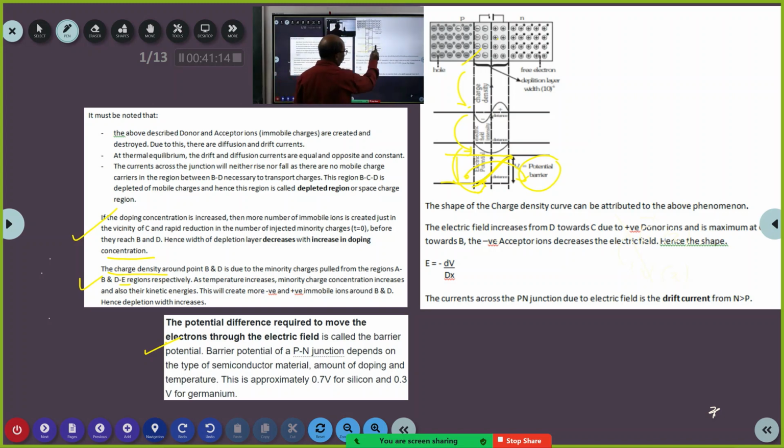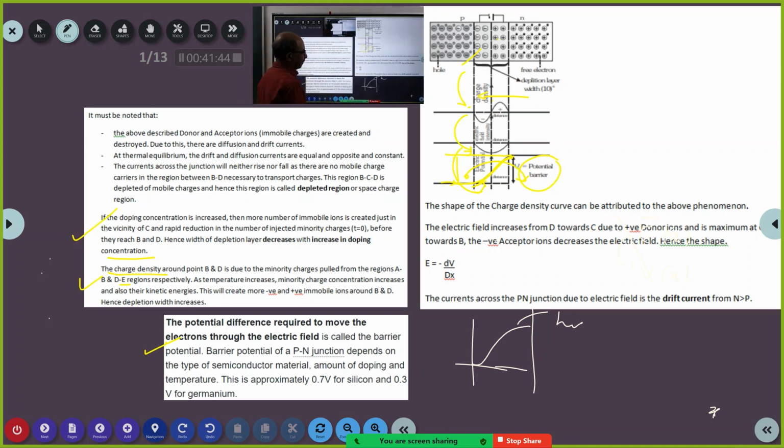So this is the graph for the hole. For the hole, this is the potential energy barrier. For the electron, how will the potential energy barrier be? For the electron, it has to come from this side to this side, so it will be the inverse of this, the mirror image of this.